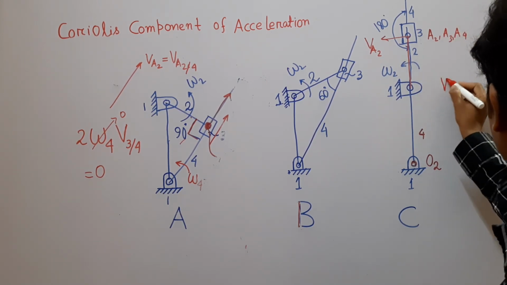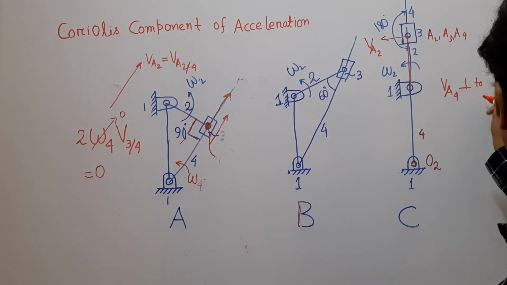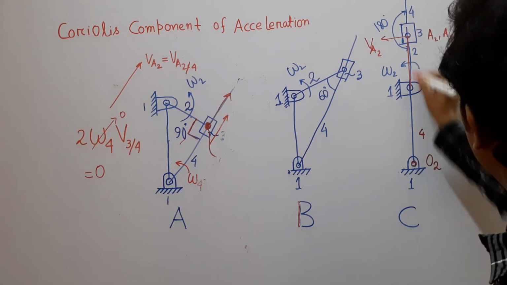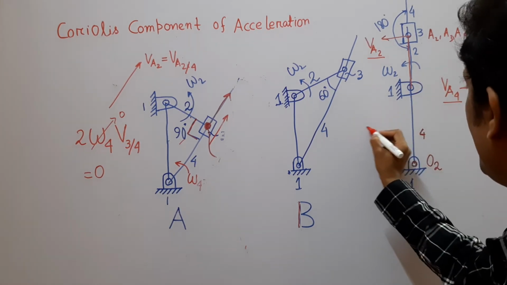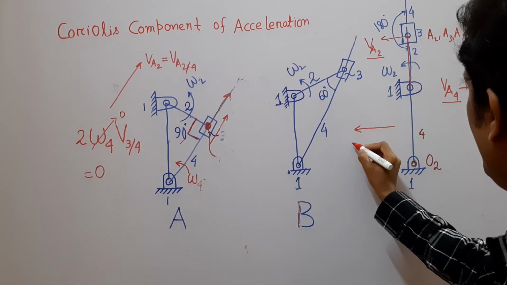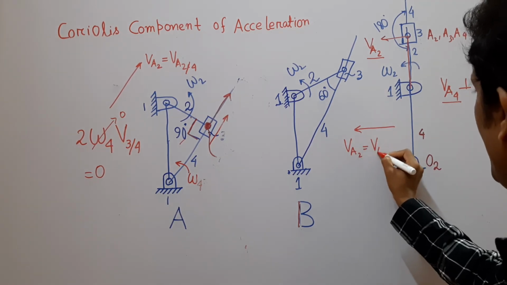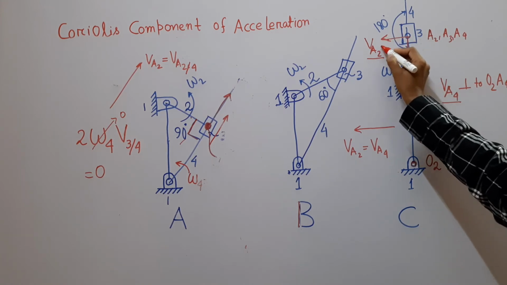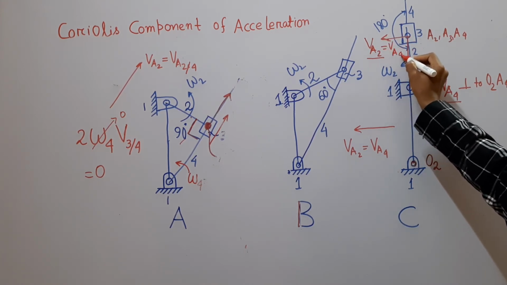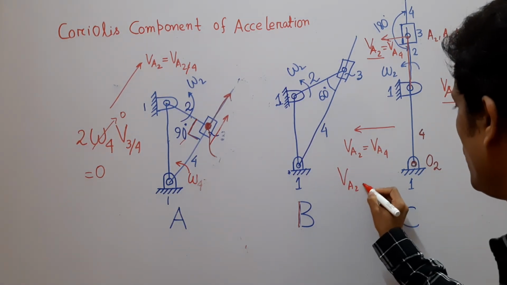So VA4 is perpendicular to O2A4 because this is the link. So both VA2 and VA4 are along this direction. At this instant, VA2 is equal to VA4. And what about VA2 by 4?